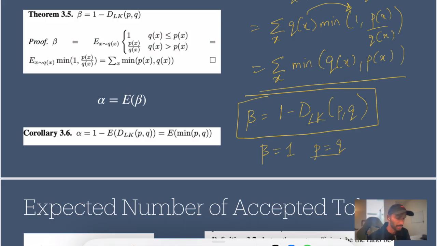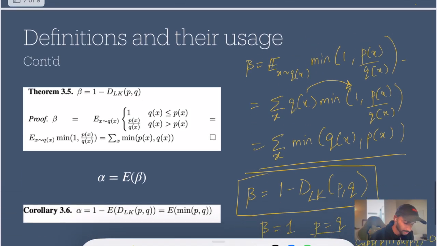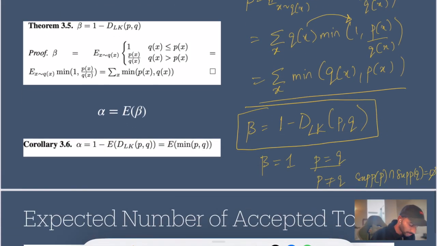But in that case, beta equals 1. When P is extremely dissimilar and the support of P intersection the support of Q is a null set, that is when beta equals 0. All right. So the acceptance rate when P and Q are extremely dissimilar distributions is equal to 0.